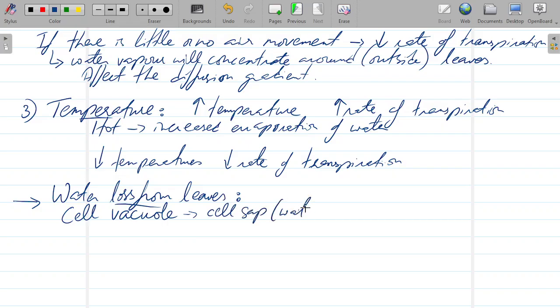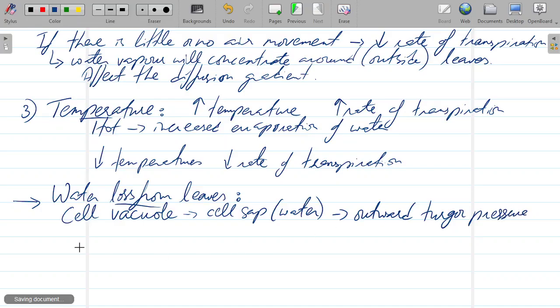And when it's full of water, it applies a turgor pressure on the cell wall. So there's an outward turgor pressure on the cell wall.